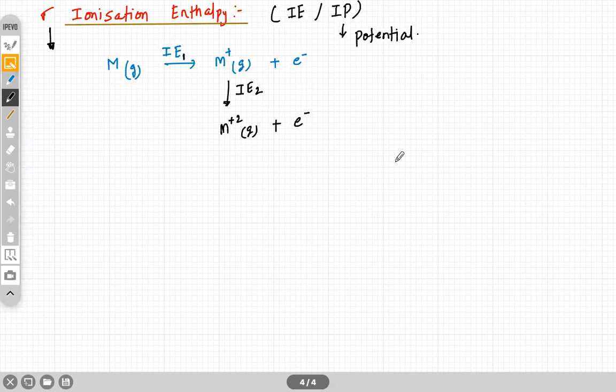So this is first ionization energy, second, then third, fourth, fifth, and so on. Could you tell me the relation of IE1, IE2, IE3, IE4, and so on? What is the order?